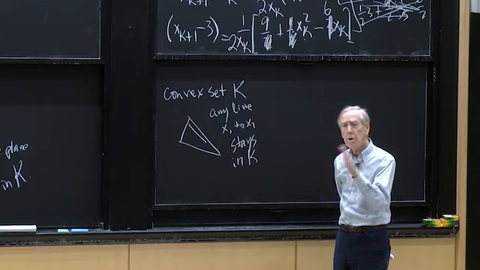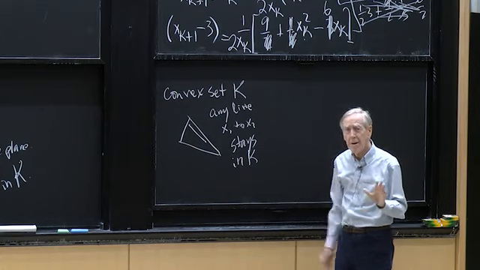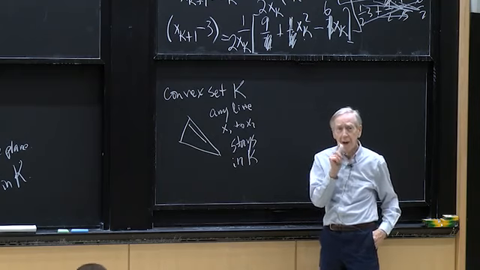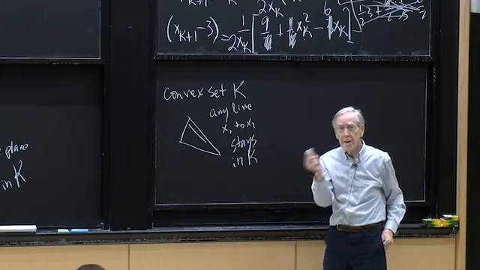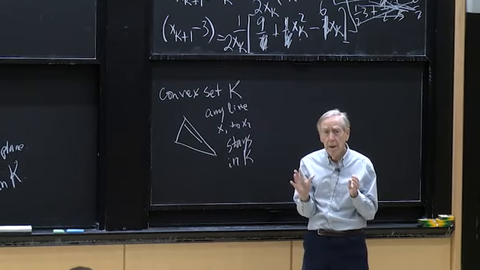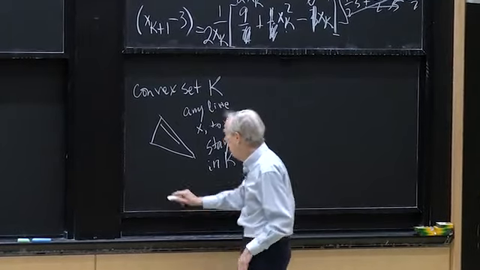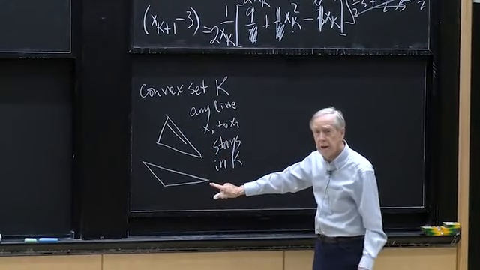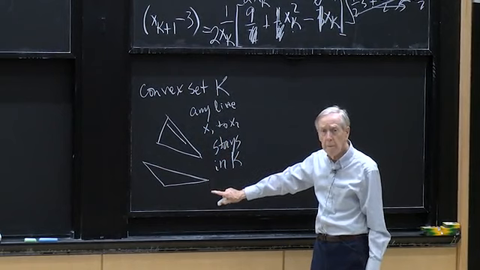So here's my little exercise to myself. What if I took the union of two triangles? All I want to get you to do is to visualize convex and not convex possibilities. Suppose I have one triangle, even if it was obtuse, that's still convex, right? No problem.